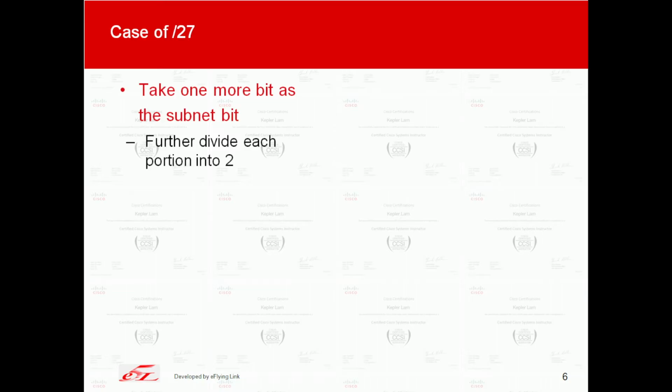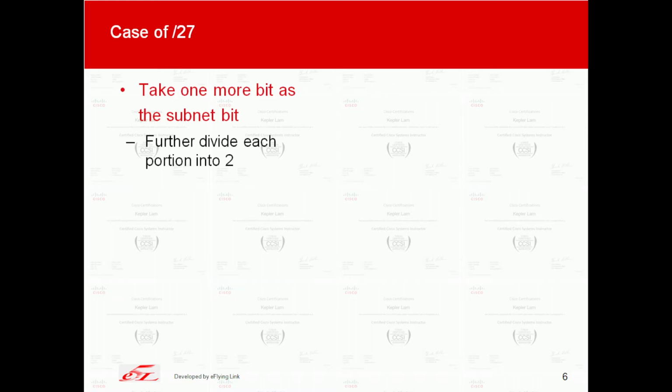Then what about the case of /27? This time, I won't use binary to expand anymore. In fact, when you take one more bit from the host bits as a subnet bit, you simply further divide the portions you got from the previous prefix length into two more equal size portions.